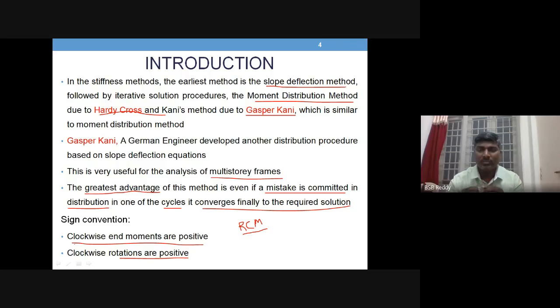Among them, the popular ones are the moment distribution method by Hardy Cross, and now the rotation contribution method, nothing but Kani's method by Gaspar Kani. The basic ideology is the slope deflection method only, but how do you simplify it to overcome the difficulties of the slope deflection method? That is what the different scientists concentrated on.